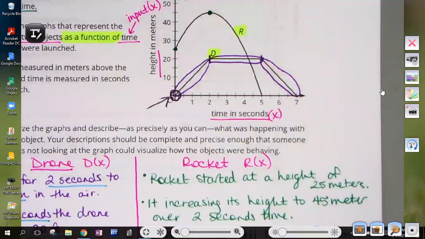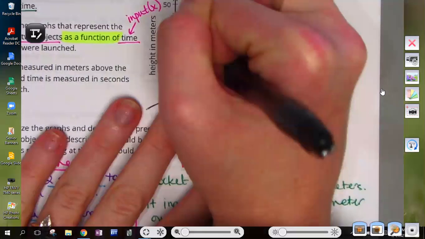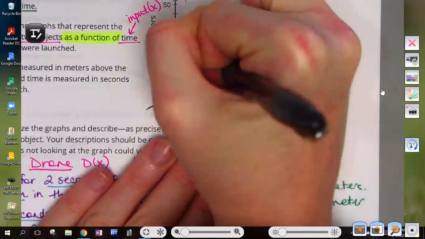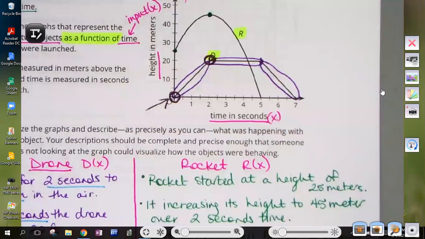All right, just looking at the drone then, what's another important part? The 2 seconds it's in the air. Okay, because I know it stopped increasing its height and it's just kind of floating there.